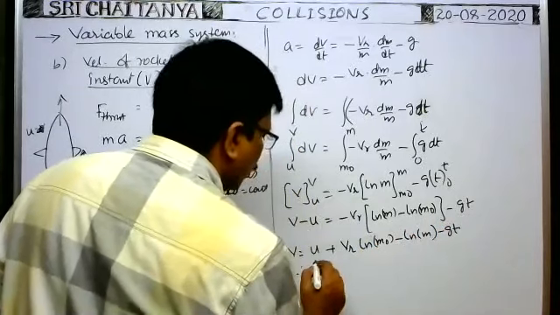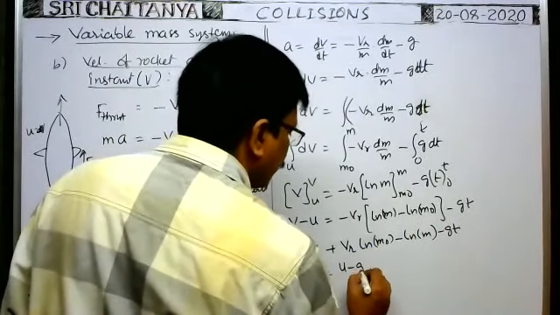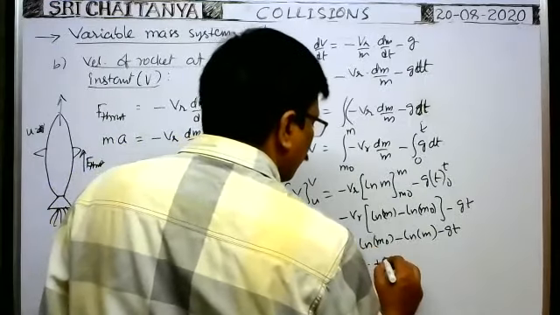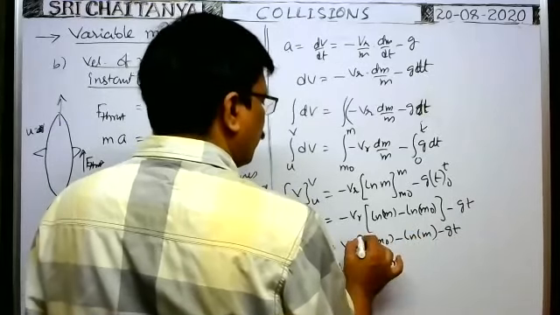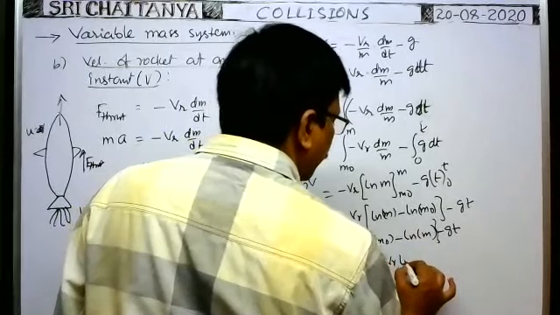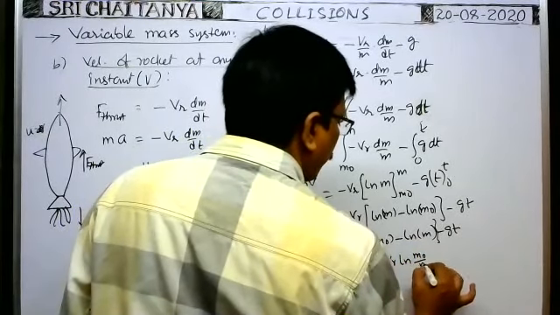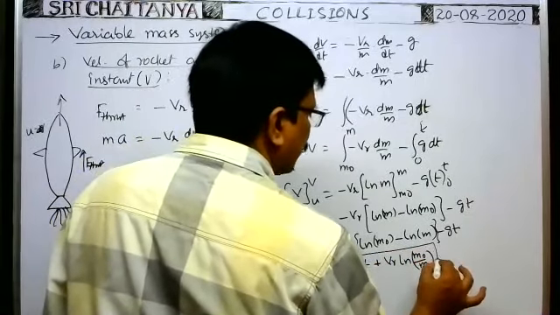Therefore the velocity of the rocket at any instant of time is equal to u minus gt plus vr into ln m naught minus ln m, with vr kept in brackets. Ln m naught minus ln m can be written as ln m naught by m. This is the velocity of the rocket at any instant of time.